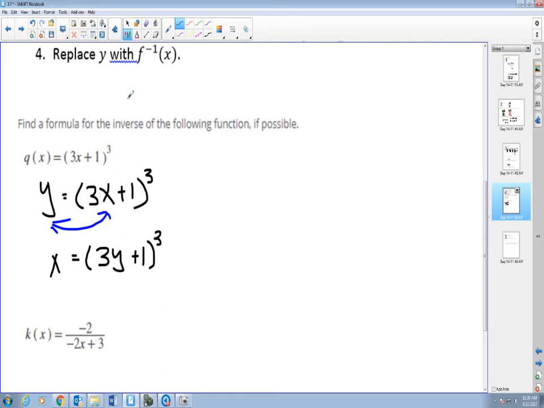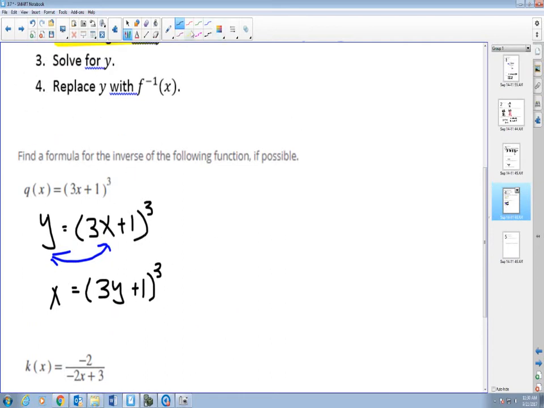Now step number 3, solve for y. My y is trapped inside this parenthesis with the third power on the outside. To get rid of the third power, I will take a cube root on both sides, because cube and cube root will always cancel out.